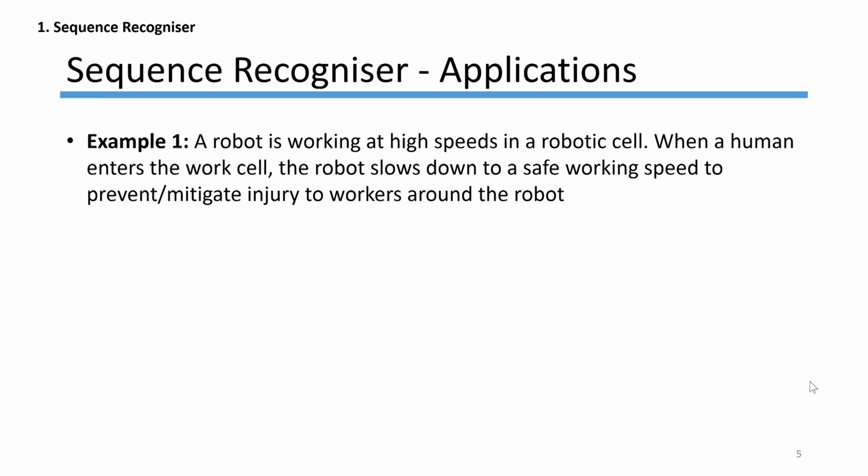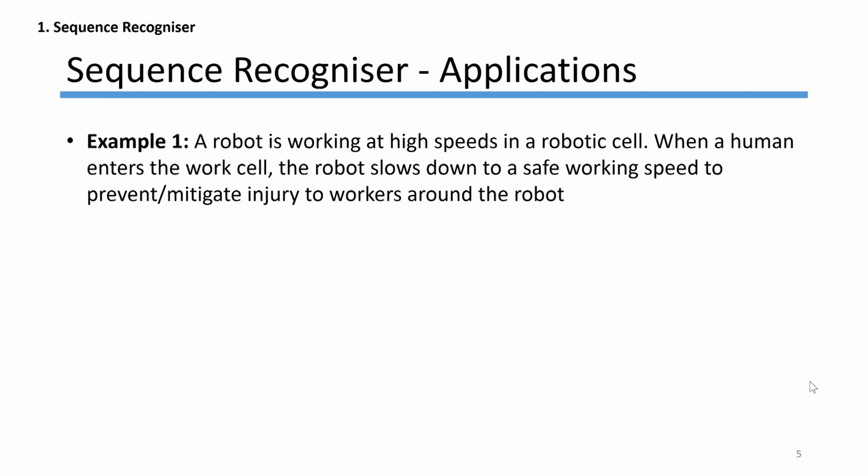And obviously, with the two separate states, the output that is changed, or the stored information that is changed, is the working speed of the robot. So in state A, when there are no humans in the working cell, the robot will work at higher speeds.